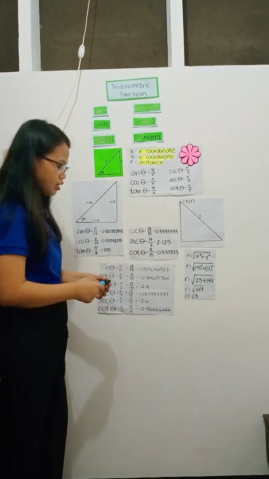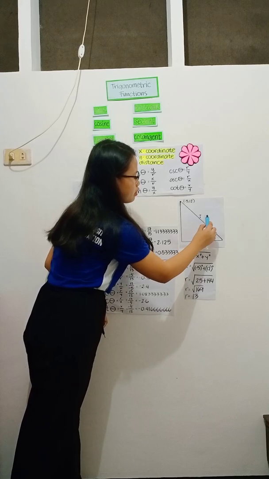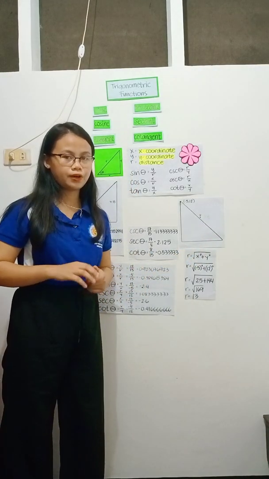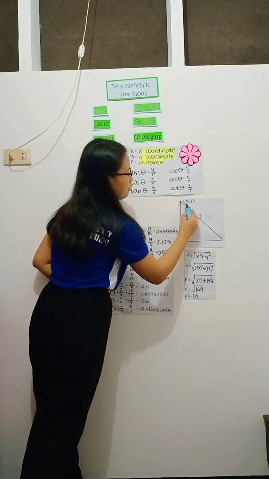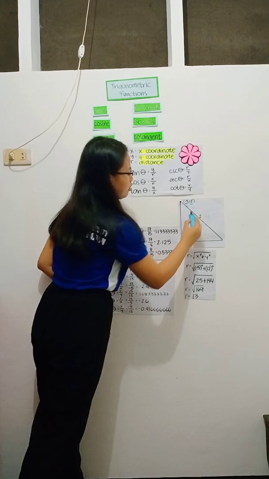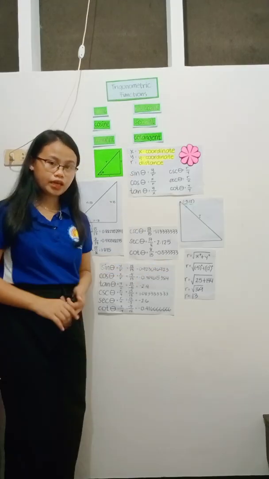Make sure you keep in mind that r is 13, negative 5 is x, and 12 is y, so that substituting has no complications.